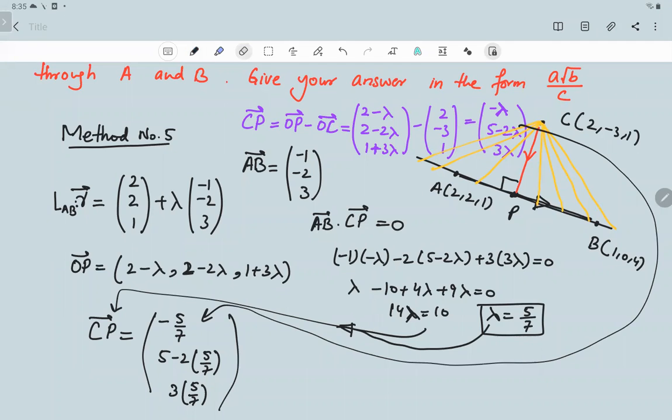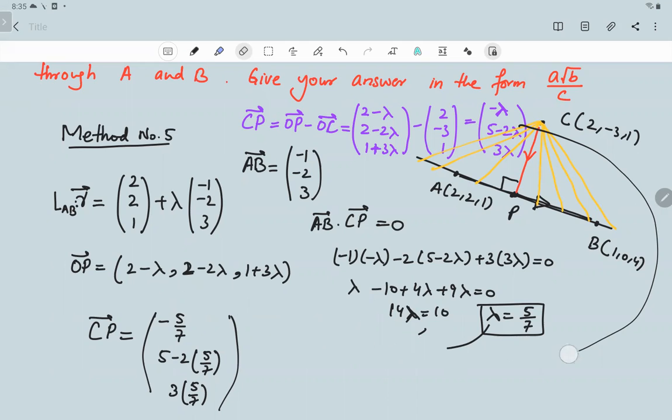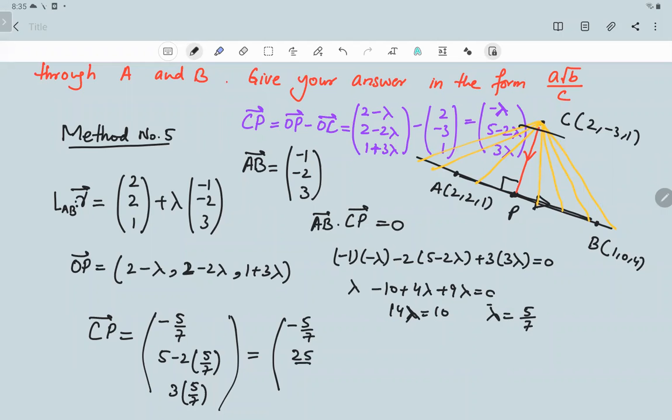So CP is minus 5 by 7, 25 by 7, and 15 by 7.